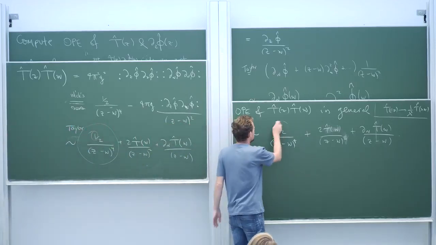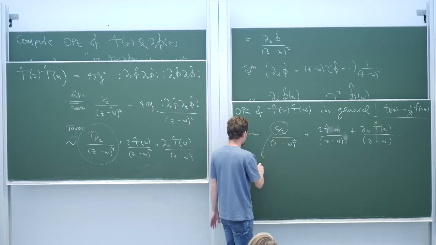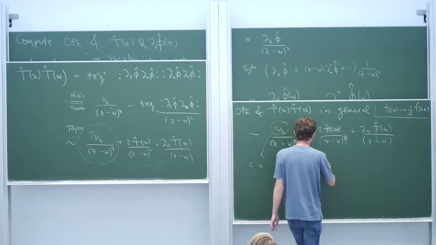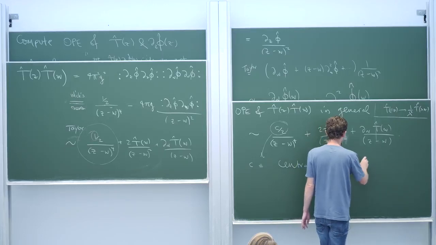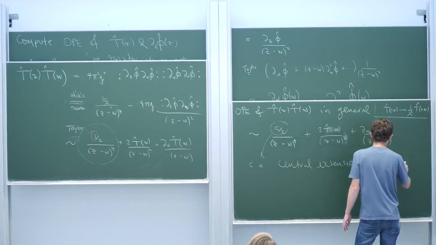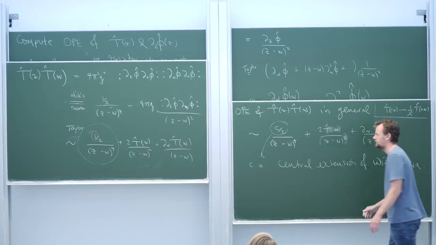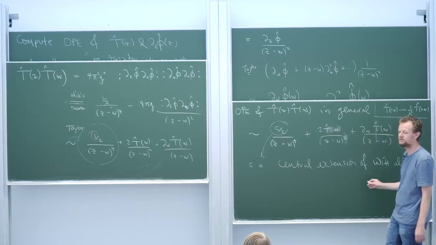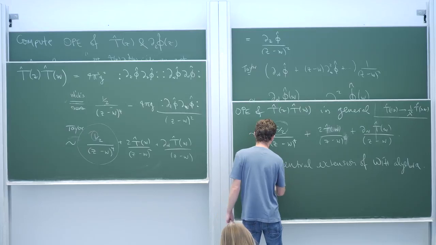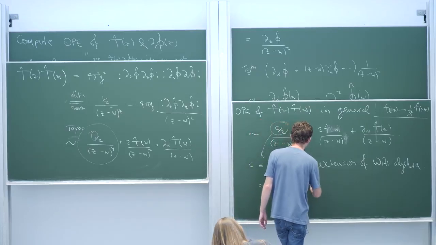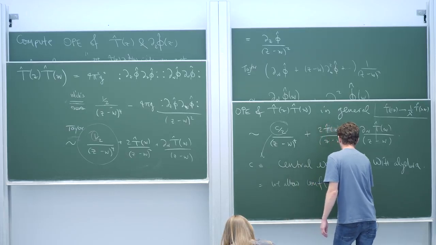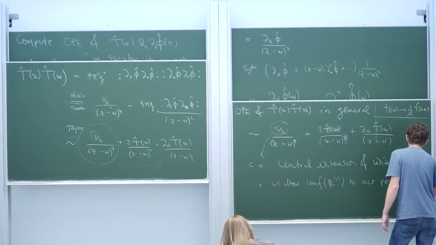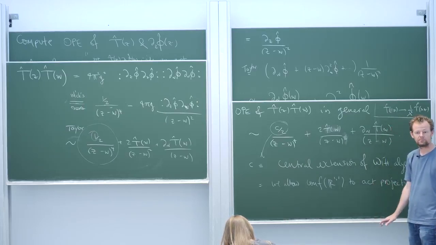Now it looks very innocuous, but it turns out that this constant C is coming from a central extension of the Witt algebra, which is just a fancy way of saying we allow the conformal group to act not unitarily, but projectively unitarily.